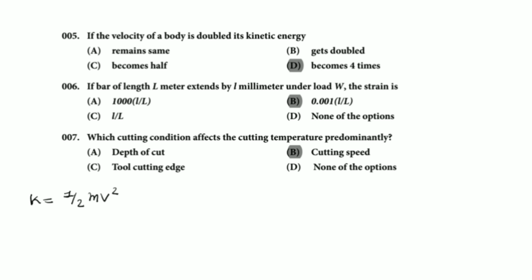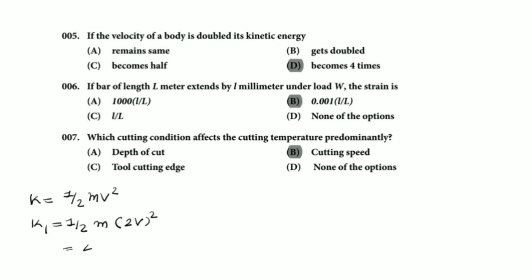So here K is the kinetic energy, m is the mass of the body, and v is the velocity, right? So if I want to find out the new kinetic energy, let's say it is K1, then it should be 1 half m will remain same because the body is same, and velocity is getting double, so 2 of v, right?